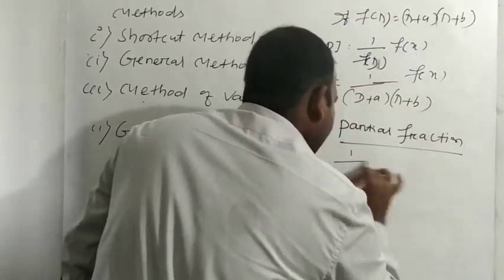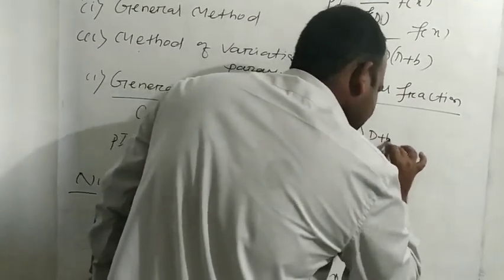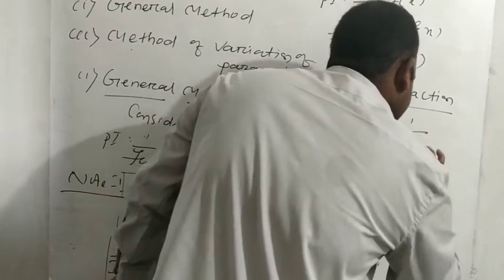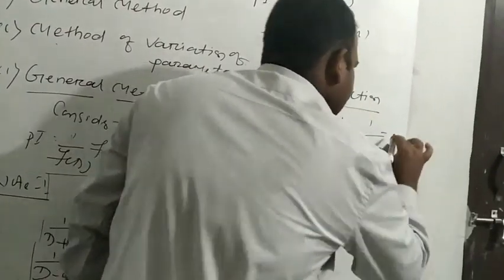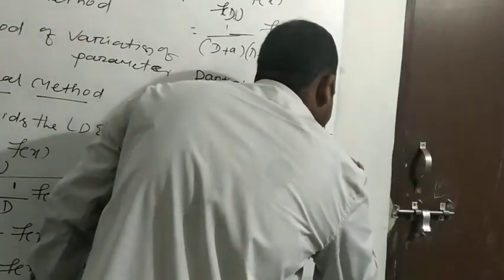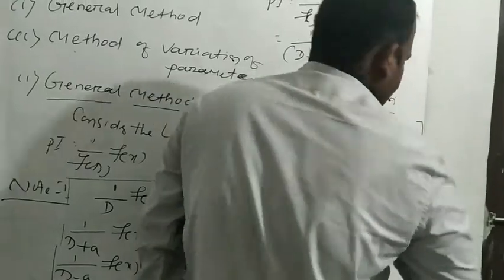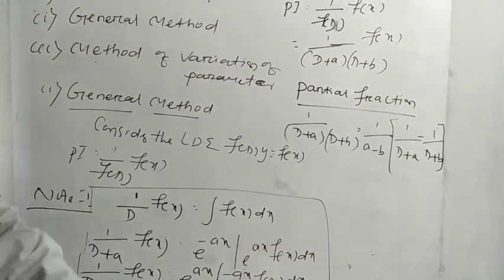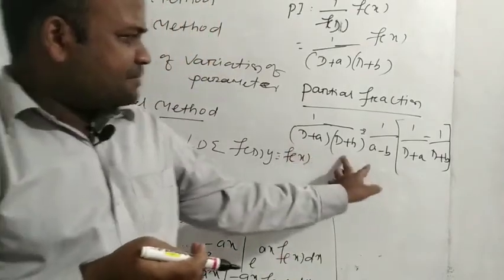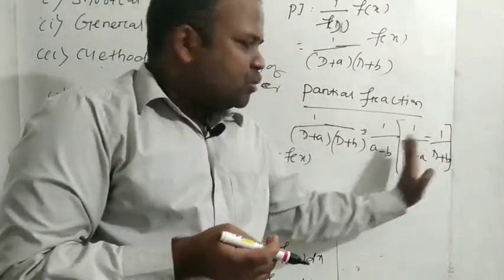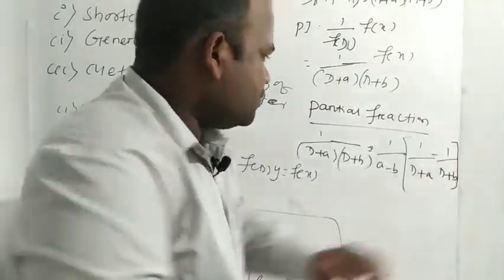So 1/((D + a)(D + b)) = 1/(a - b) [1/(D + a) - 1/(D + b)], because here D + a and D + b are split into two parts, and next comes f(x).